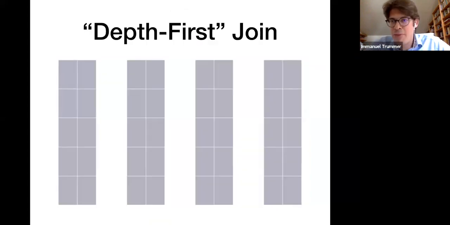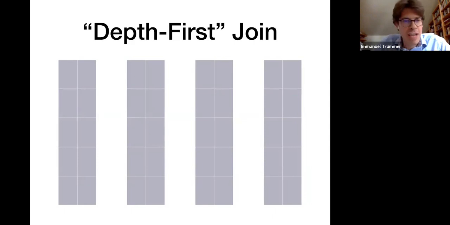This is why we introduced a specialized join algorithm that is tailored to support our reinforcement learning approach. And I'm going to illustrate how this join algorithm works by an example. It's a multi-way, so-called depth-first join algorithm, which essentially joins all of those tables in one operation.